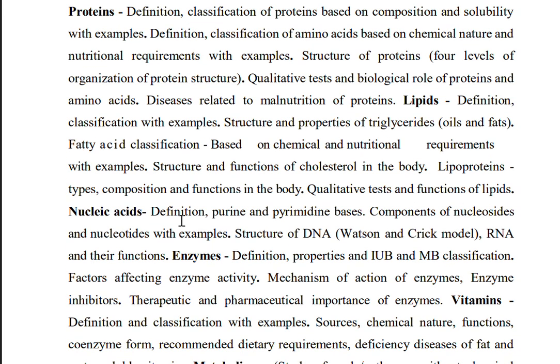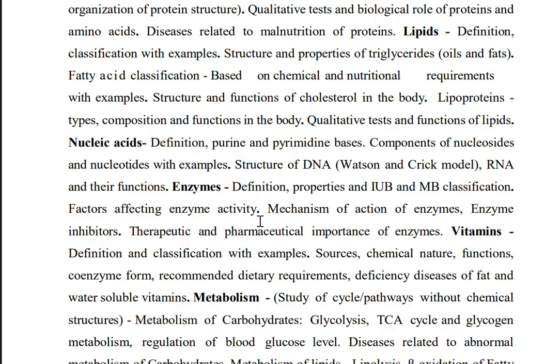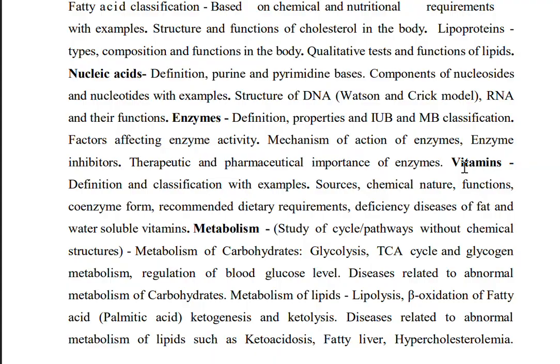Then nucleic acids: we have to read the structure of DNA. The next topic is enzymes: definition and properties, IUB and IUPAC classification, such as esterase, salivary amylase, protease. There are different enzymes and they have classifications, factors affecting enzyme activity, mechanisms, and therapeutic and pharmaceutical importance of enzymes.